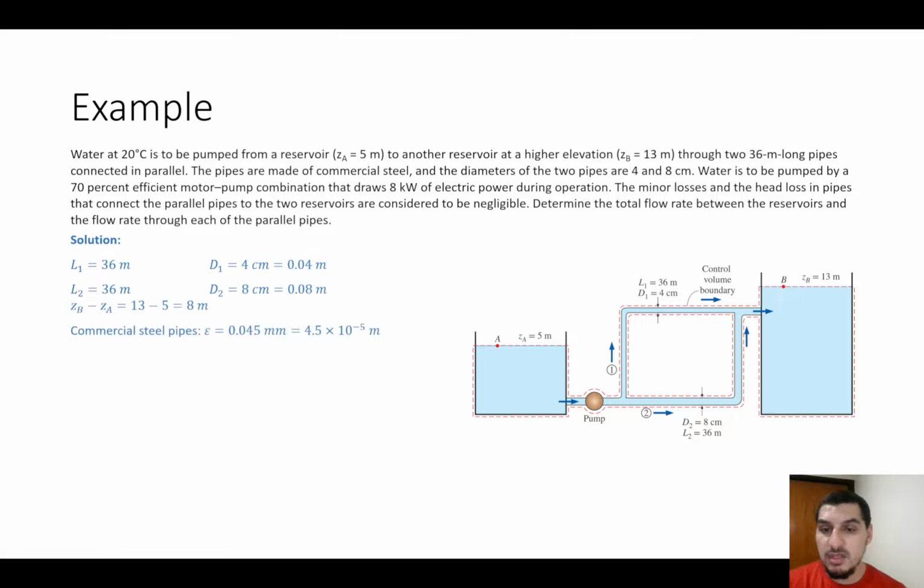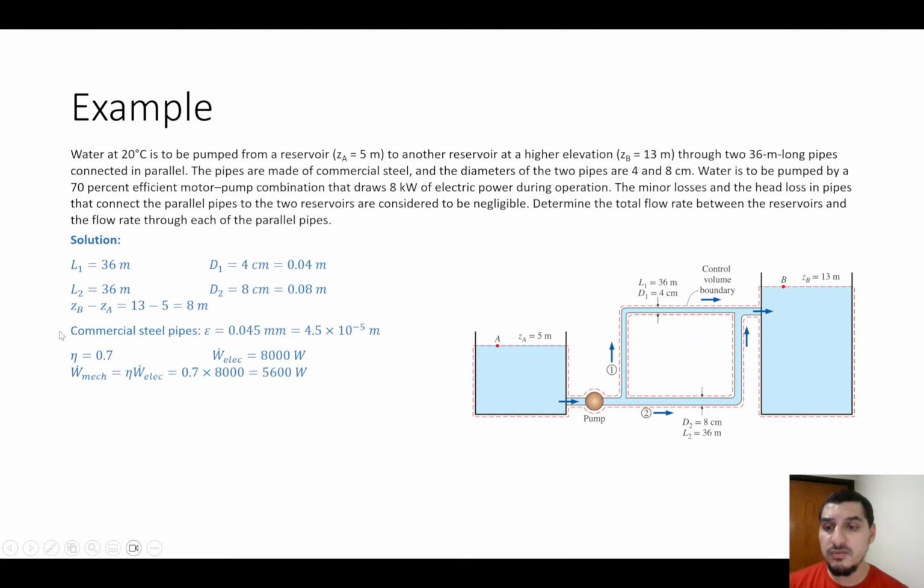I just put them in SI units, and this is the difference in elevation. It's going to be 8 meters, and here is the commercial steel pipe. So epsilon is 4.5 times 10 to the power minus 5 meters, and we know the electric power is 8,000 watts, and the efficiency is 0.7 or 70%.